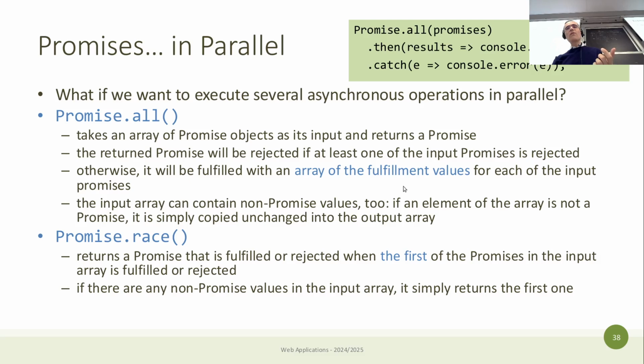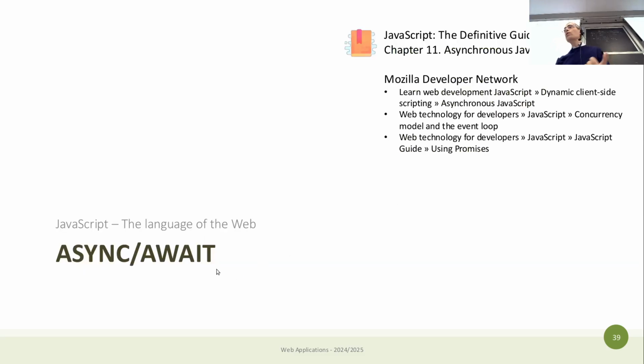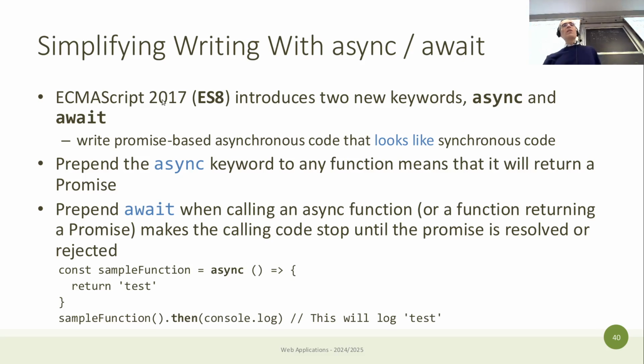And so JavaScript developers, actually JavaScript maintainers, okay, the technical committee that maintains JavaScript, decided to introduce these two new keywords, async and await, which are really heavily based on the promises that we just saw before. Okay. So ECMAScript 2017, so ES8, introduced the new keywords async and await.